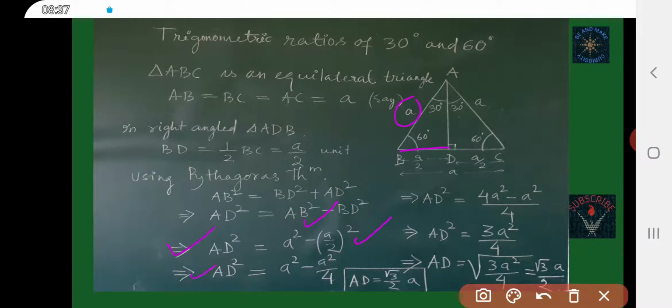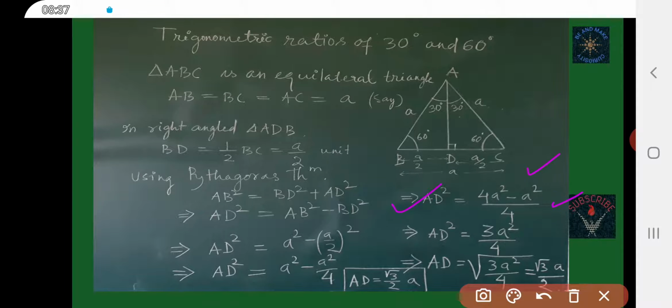Then AD square is equal to A square minus A square by 4. You take LCM 4, then subtract: 4A square minus A square.